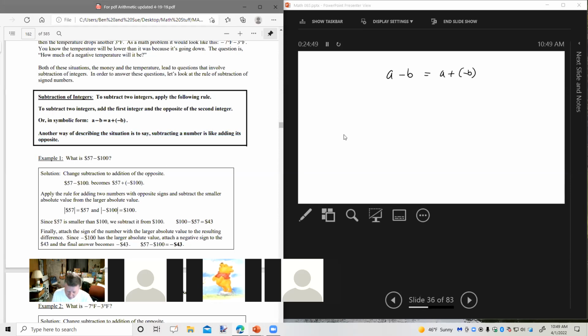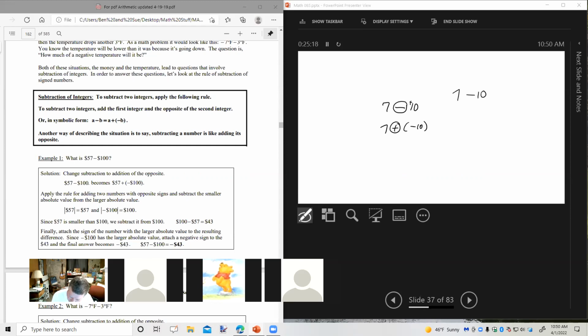So for instance, let's say we have 7 minus 10. We could change that to 7 plus the opposite of 10. So there are 2 changes that occur. I change the operation from subtraction to addition, and I change the sign of the 10, which is a positive 10, to its opposite, which is a negative 10.